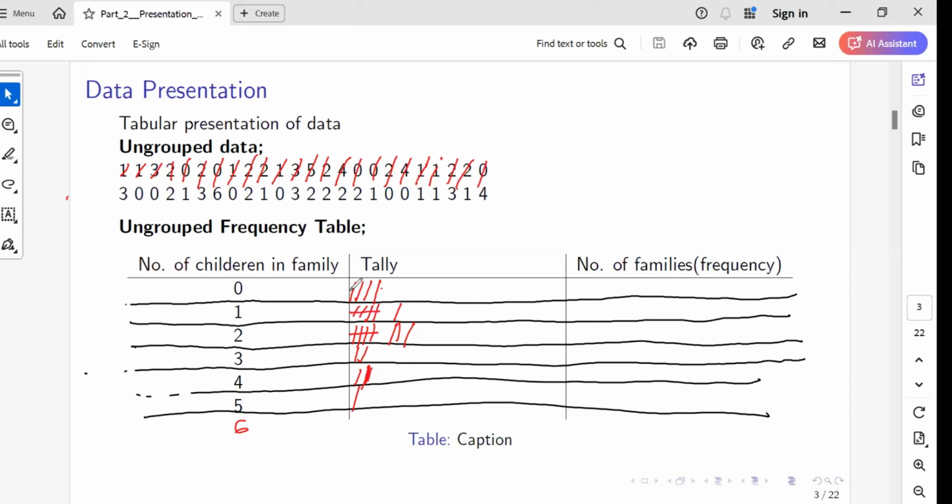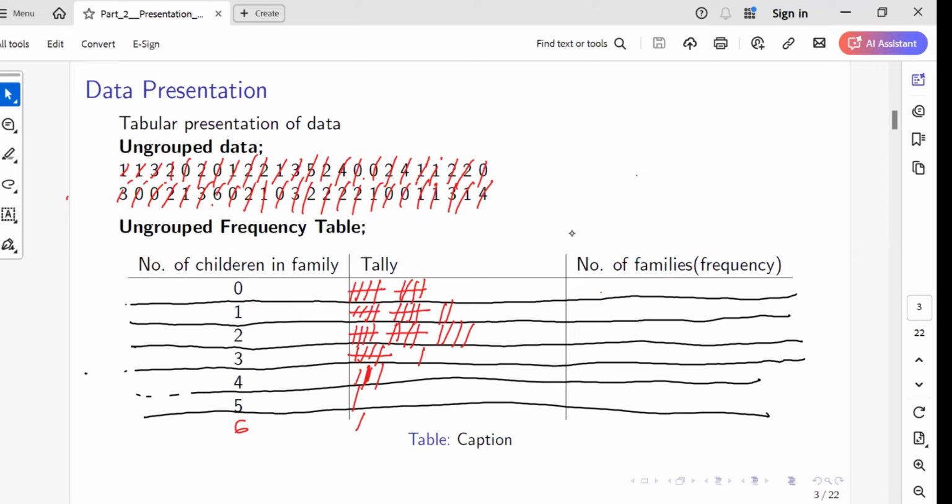Now 1, 2, 3, 4, so 5. All right. So 3, 3, 0, 0, 0, 0, 2, 2, 1. All right, so I'm done with my tallying. As you can see, I've crossed out all the numbers.